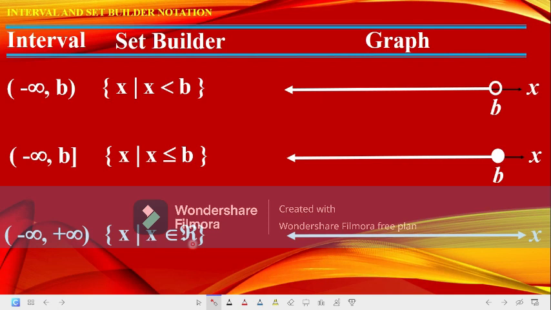Okay. So always remember that real numbers include rational and irrational numbers. This is the symbol for real number, and this is the symbol for element. Element meaning, again, the set of all x's such that x is an element of real numbers.